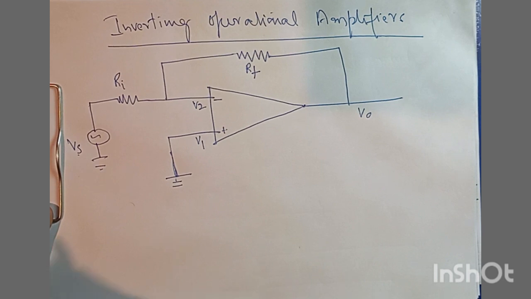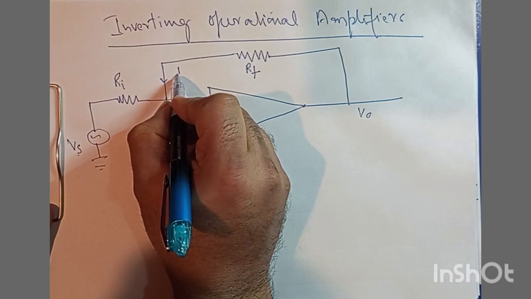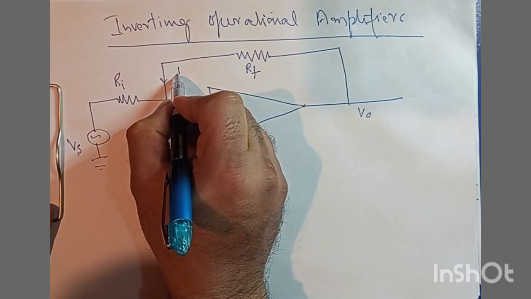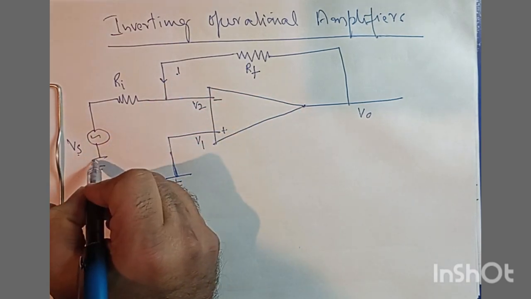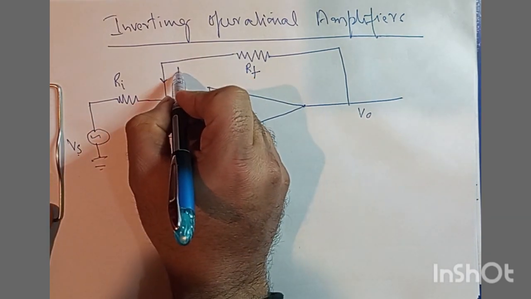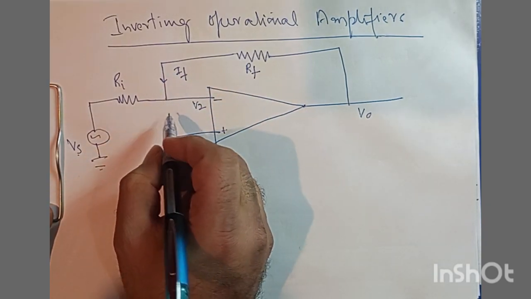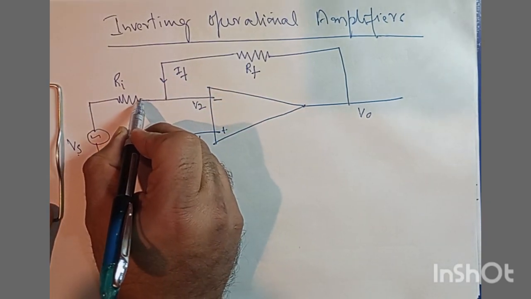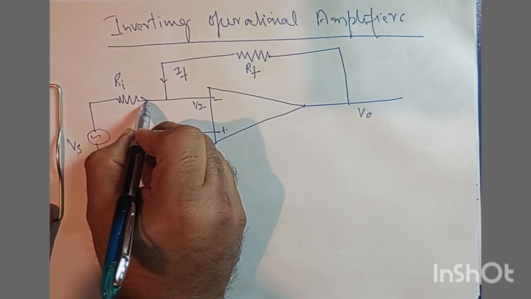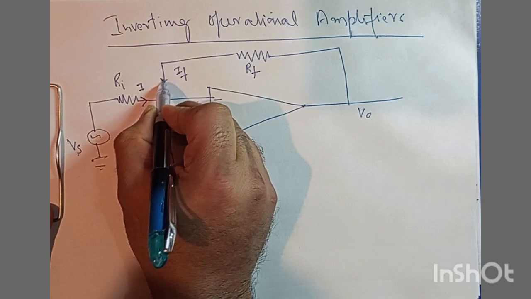Say for example, let us assume that we have a current here, and here I will have IF. Let me suppose that the current is coming from this direction. Suppose this is I, then it will go like this.